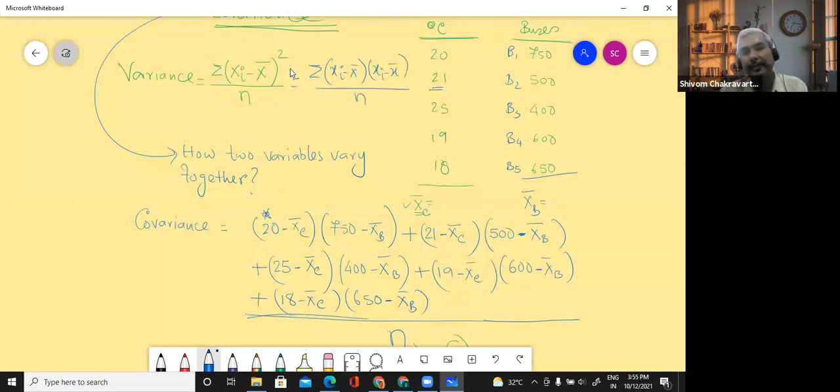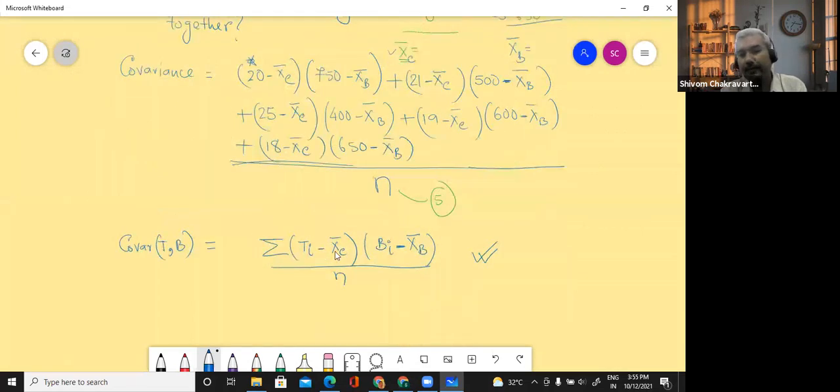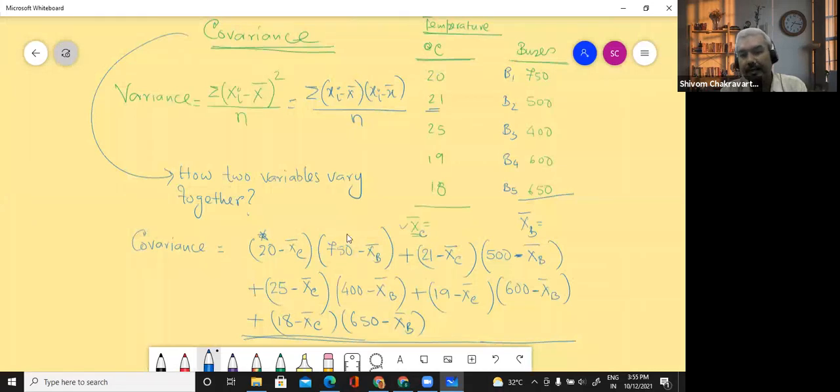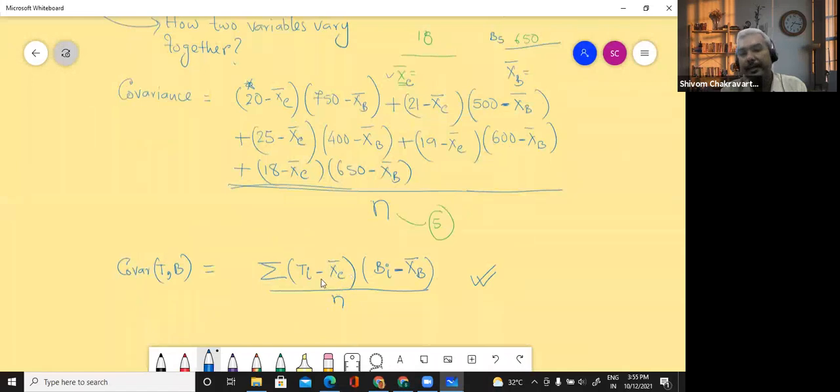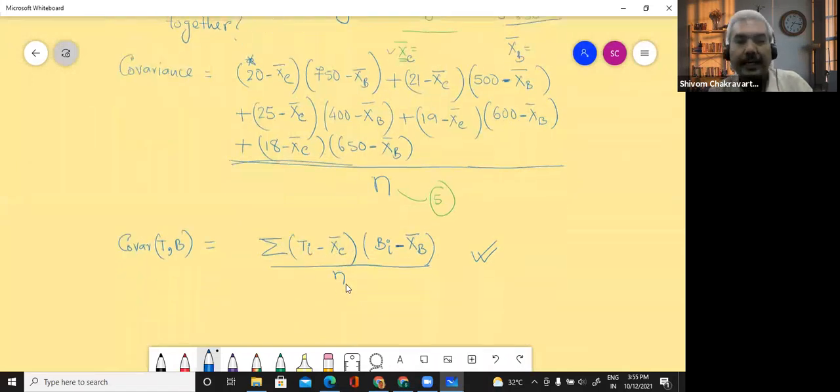When there are two variables, we are taking the difference from their respective means. Coming back to the formula for covariance, rather than squaring as in variance, we take the difference of each variable from its mean, multiply, and then take the average, that is divide by n.